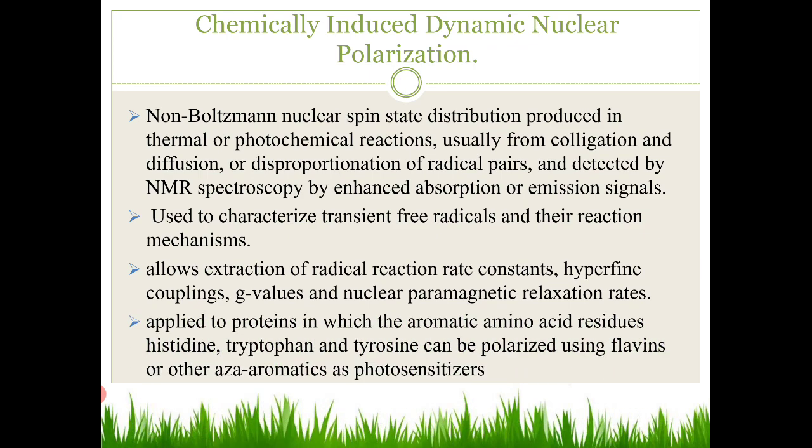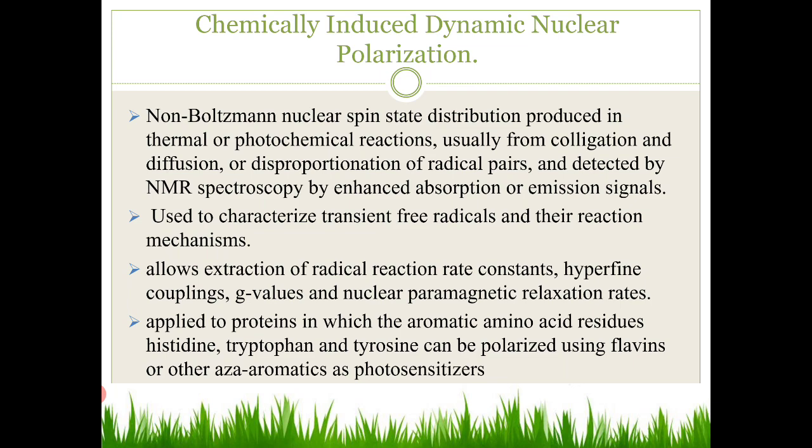And it is applied to proteins in which the aromatic amino acid residues like histidine, tryptophan, tyrosine can be polarized using flavins or other aromatics as photosensitizers. So these amino acids are having an aromatic moiety.